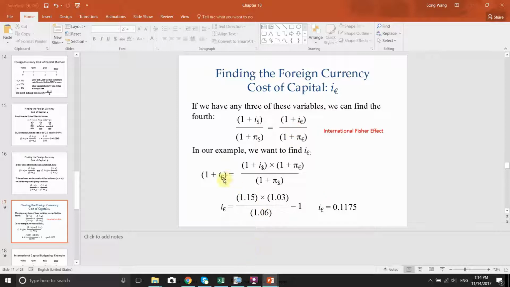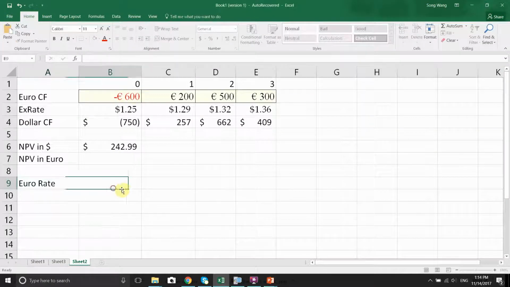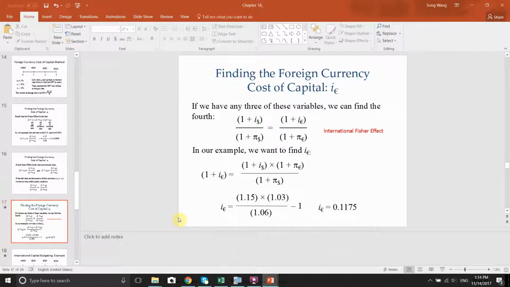So once again, the euro rate is 1 plus the US interest rate, times 1 plus euro inflation, divided by 1 plus US inflation, then minus 1. Right here, the euro rate will be equal to, what was the rate in the US again? It was 15%.